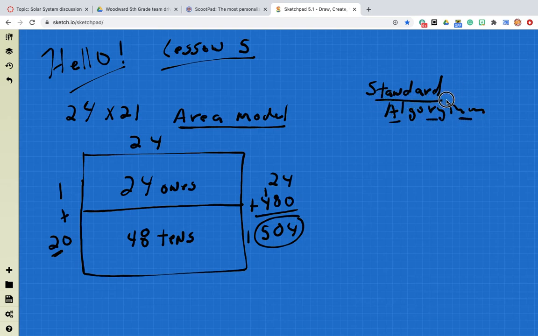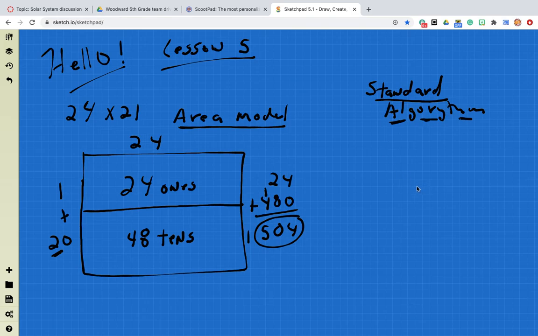You'll have to forgive me. But the standard algorithm is just a fancy math word for the way your grandma learned to do it. This is the way, when I was a kid, was the only way we did it. This is the way that you're going to do it for most of your life, actually. But I want to show you how this area model actually is the same as the standard algorithm.